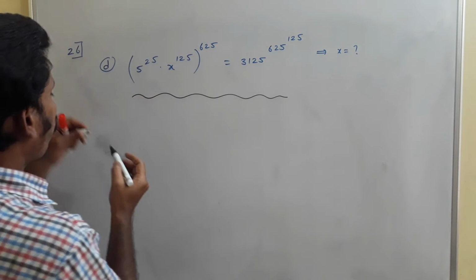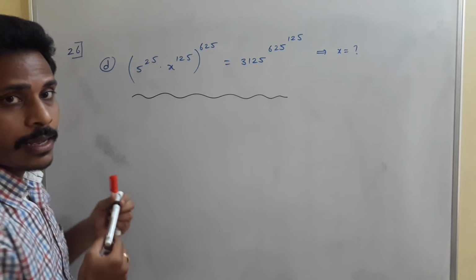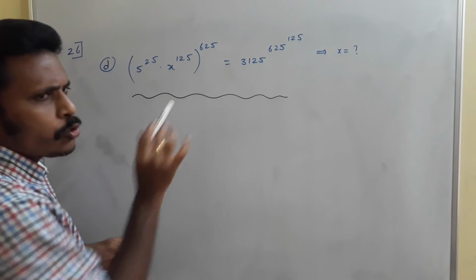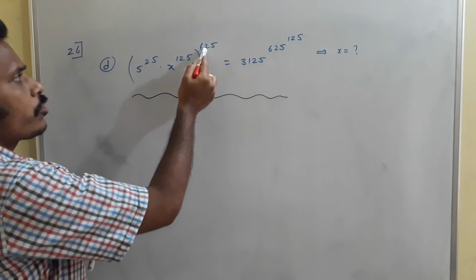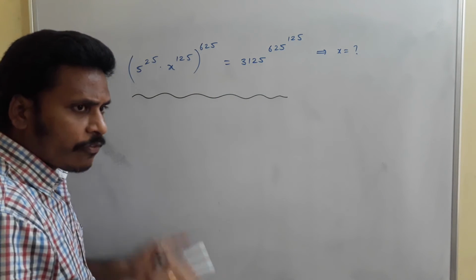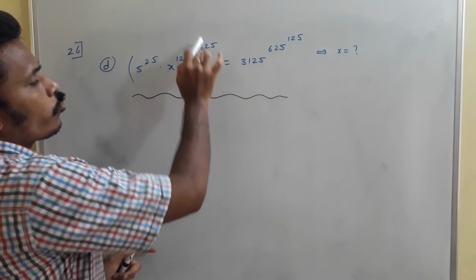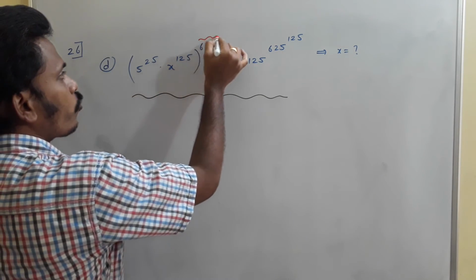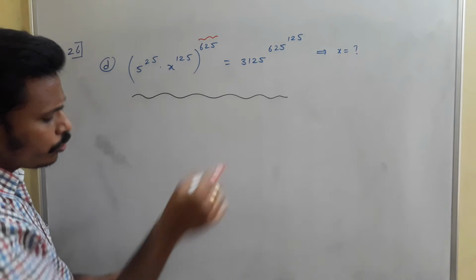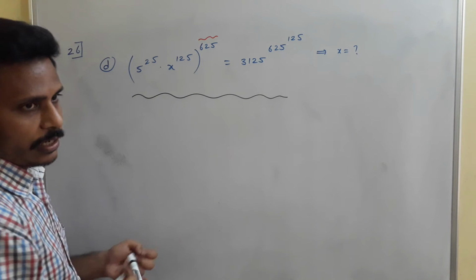Right. So first of all, my target is, observe the problem. If you observe, this is 625 to the power 125, and this is also 625. As a first step, I am just moving this 625 to that side. What will happen?